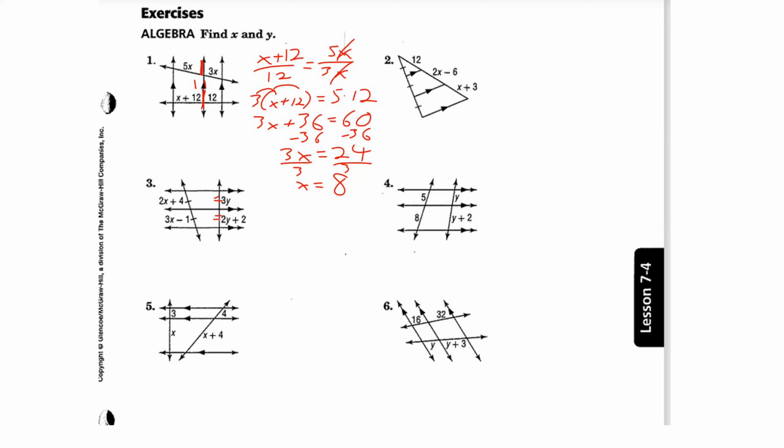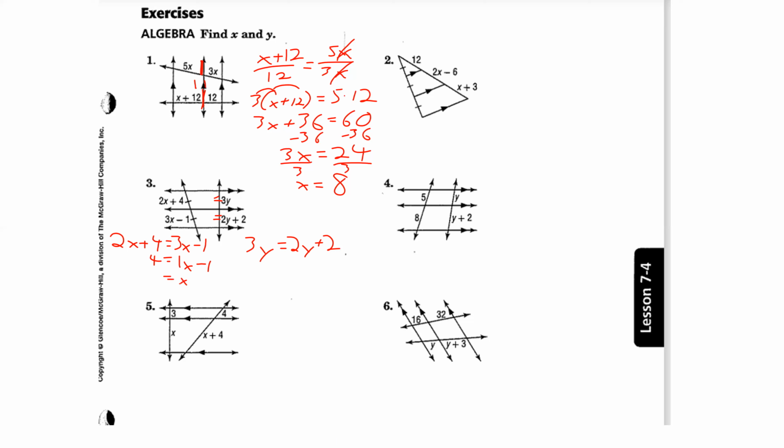So we can set up 2 separate equations to solve. We have the x's are congruent. The y values over here are congruent. So 2x plus 4 is equal to 3x minus 1. And on the other side, 2y. We can bring like terms over to the same side. So the 2x we can bring over here. Subtract out 2x, that leaves us with just 1x. Bring the 1 over to the other side.